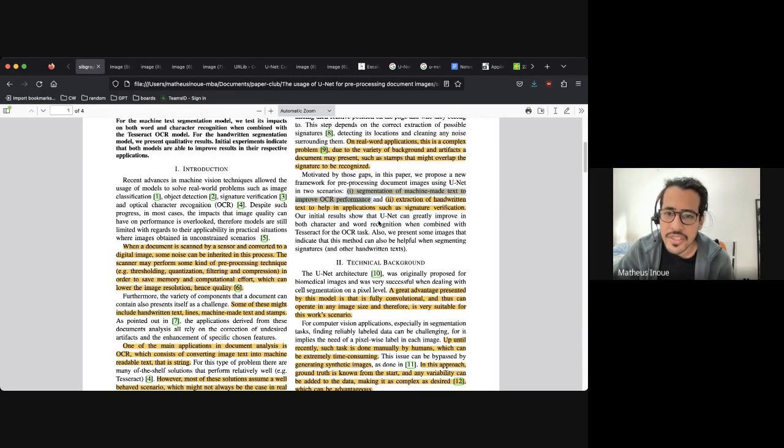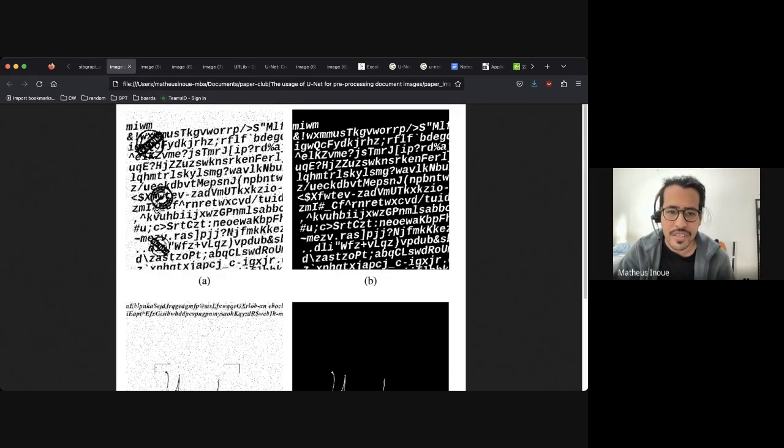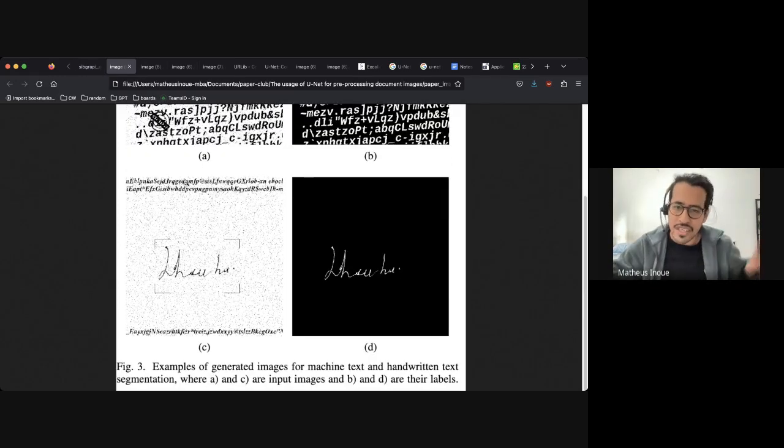And the second one is the extraction of handwritten text to help applications such as signature verification. So basically here, you have a contract, a pseudo contract, and then you have here a signature of someone, right? And then let's say that we want to verify if the person that signed the contract is the same person that we have the information for. I don't know.